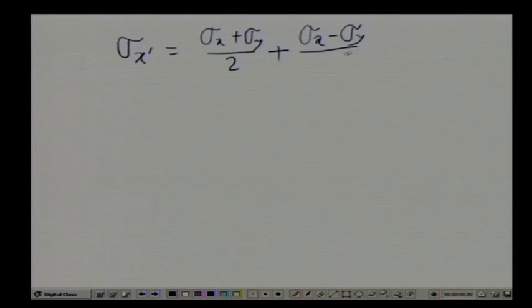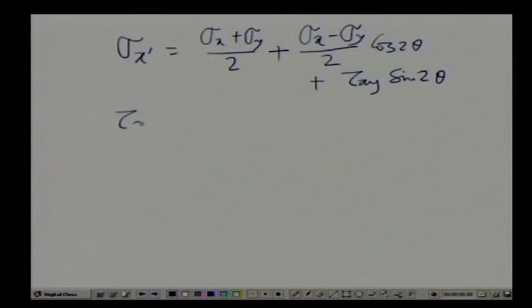Hence, we have obtained the stresses in the direction which is at an angle of theta as sigma x dash equal to sigma x plus sigma y by 2 plus sigma x minus sigma y by 2 cos 2 theta plus tau x y sin 2 theta.